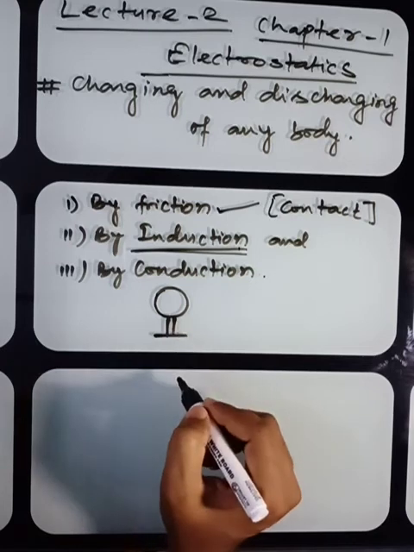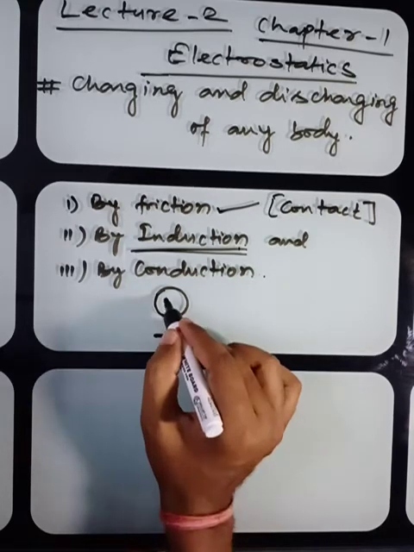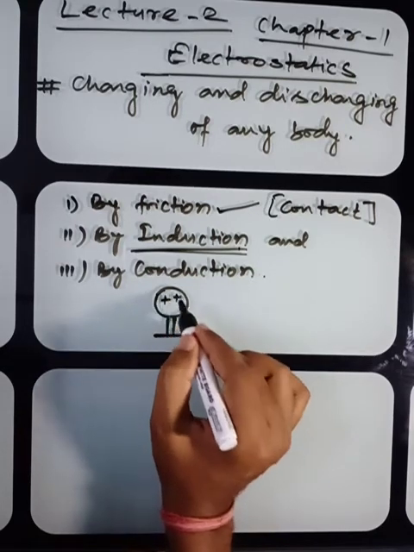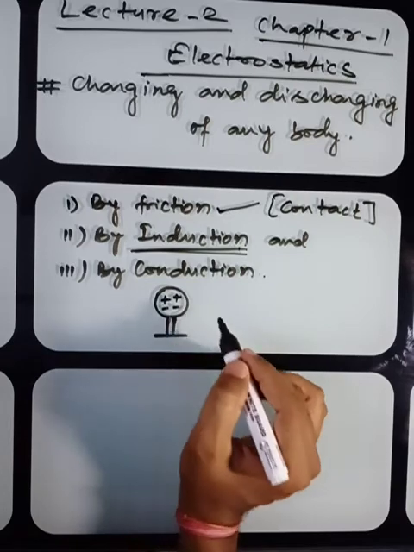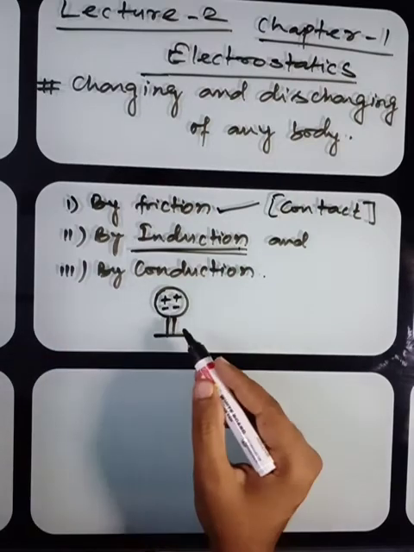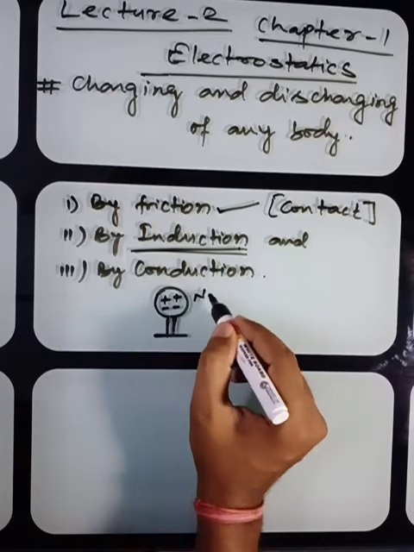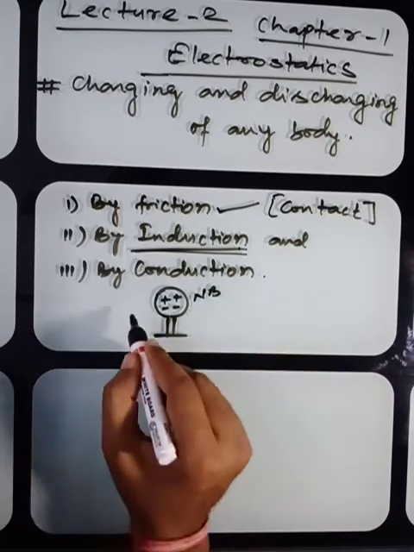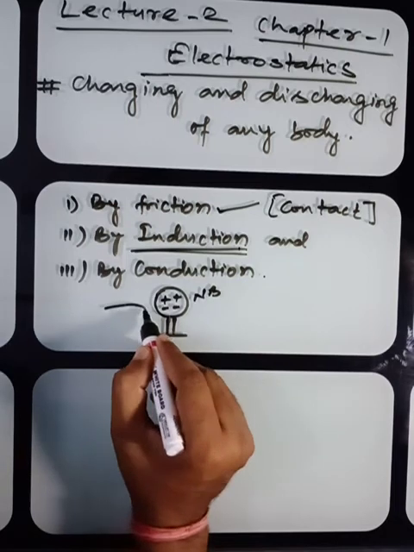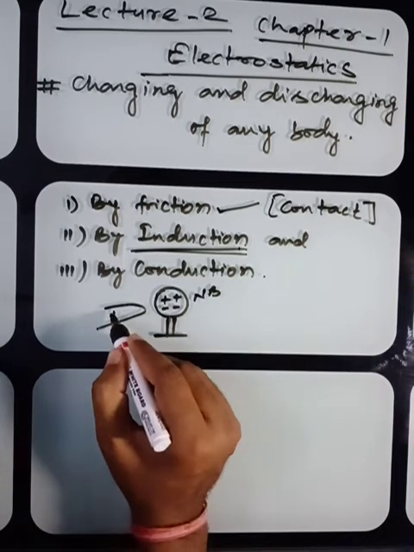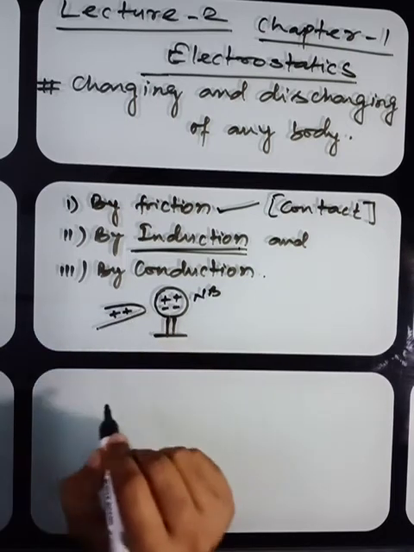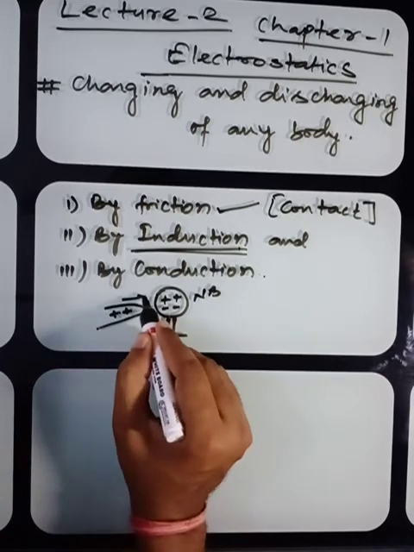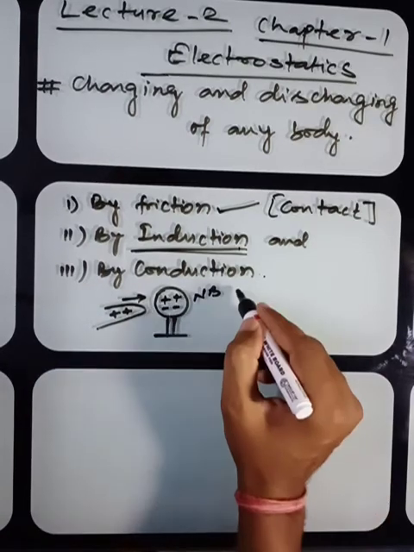You are having a neutral body. What does it mean by neutral body, student? It means this body has equal number of positive and negative charges. So this is the neutral body. If you take a rod positively charged and you keep it nearby this neutral body, what will happen?